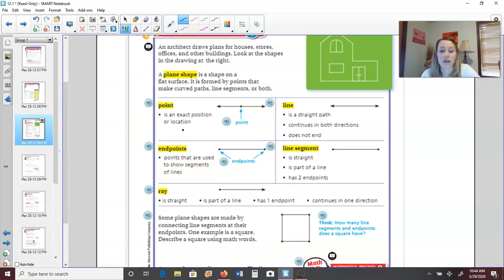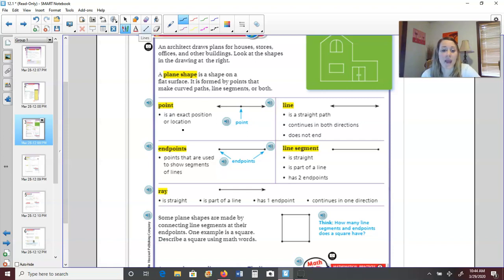That is a point that I just made. It is an exact position or location. So in social studies, when we look at maps and we see cities located within states, usually cities are located by a point because they are exact locations on a map.